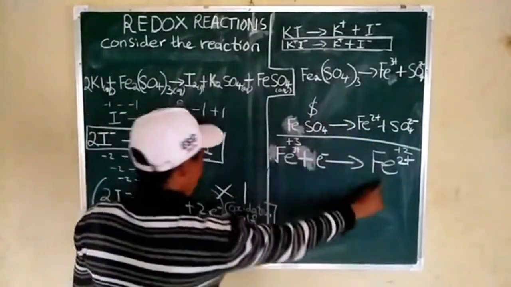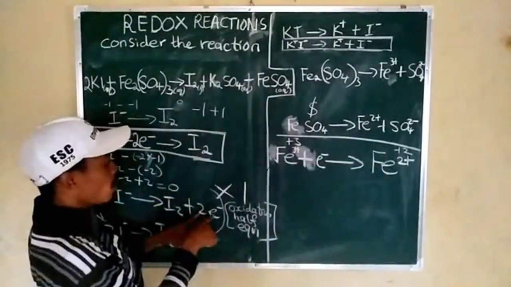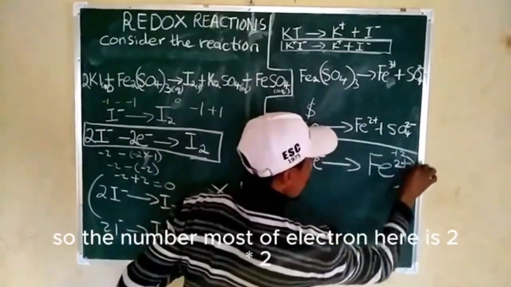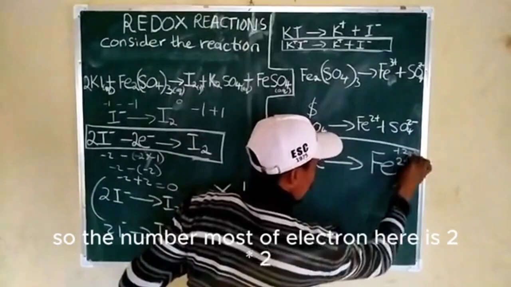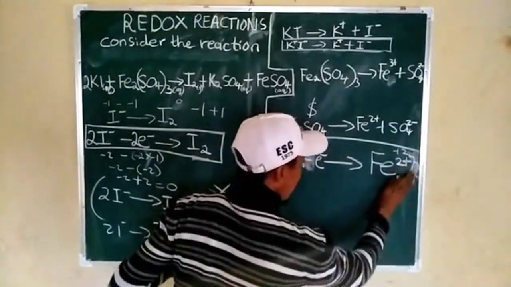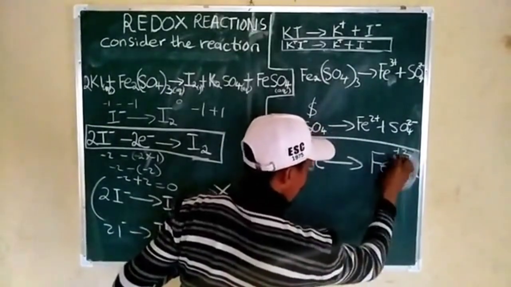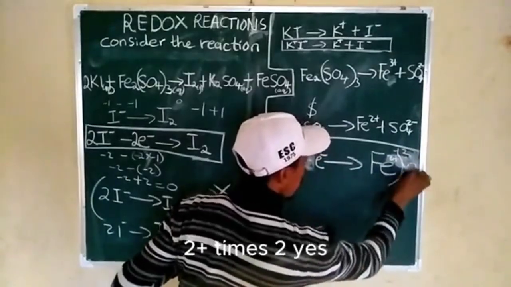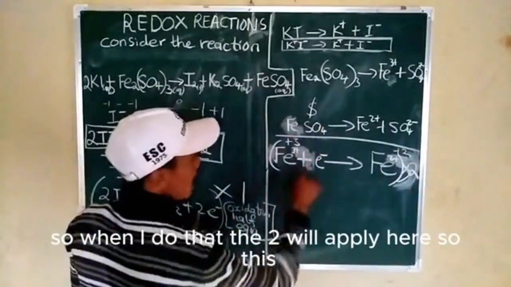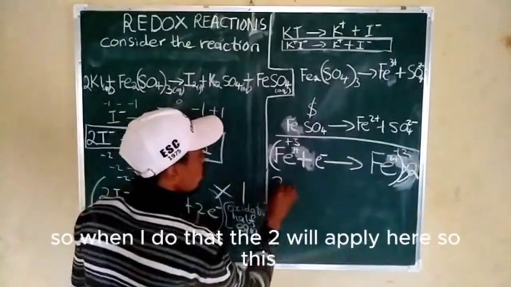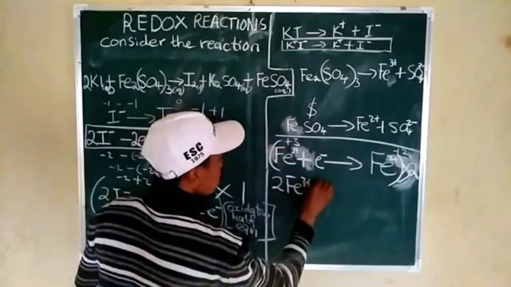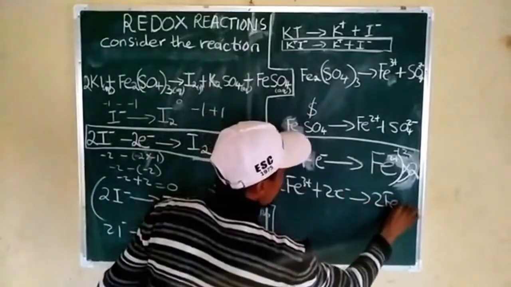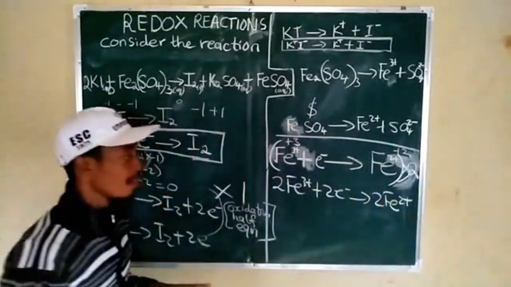And then I will multiply everything here by the coefficient of the number of moles of electron here. So the number of moles of electron here is 2, times 2. So when I do that, the 2 will apply here. So this will be 2Fe³⁺ plus 2e⁻ give me 2Fe²⁺.